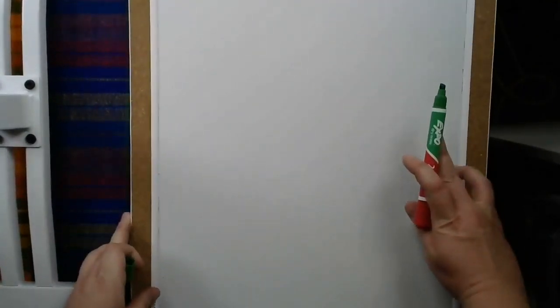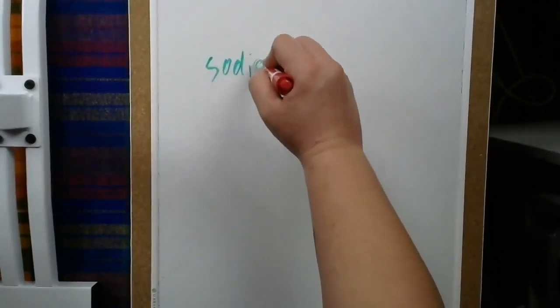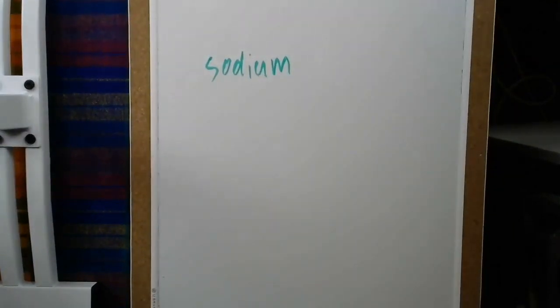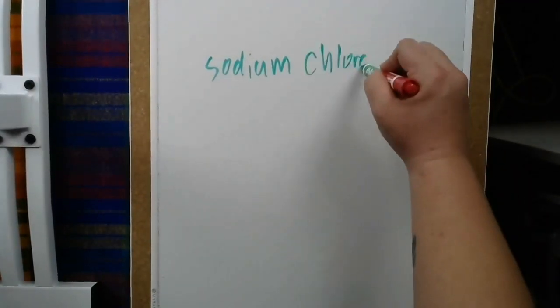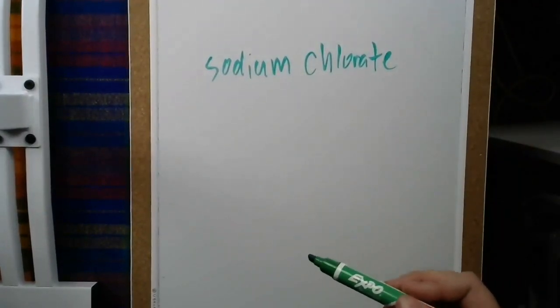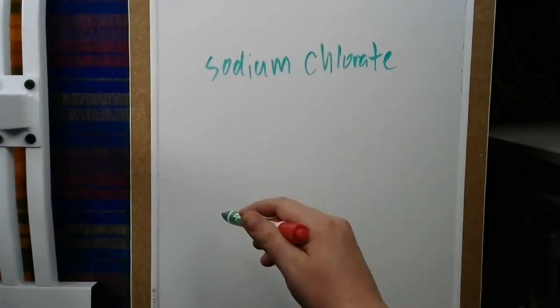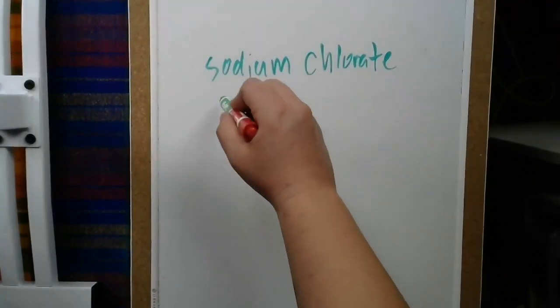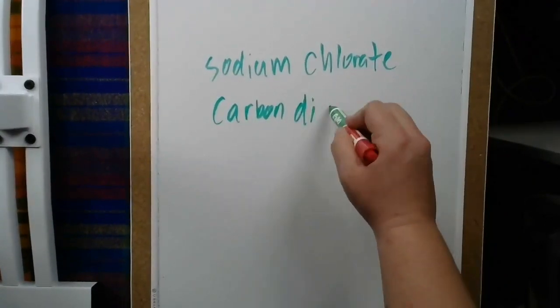So we have our sodium. Okay, and then ClO3 minus, that's the chlorate ion. So this is sodium chlorate, right? CO2, it is a molecular compound, 1 carbon, 2 oxygens, so it's carbon dioxide.